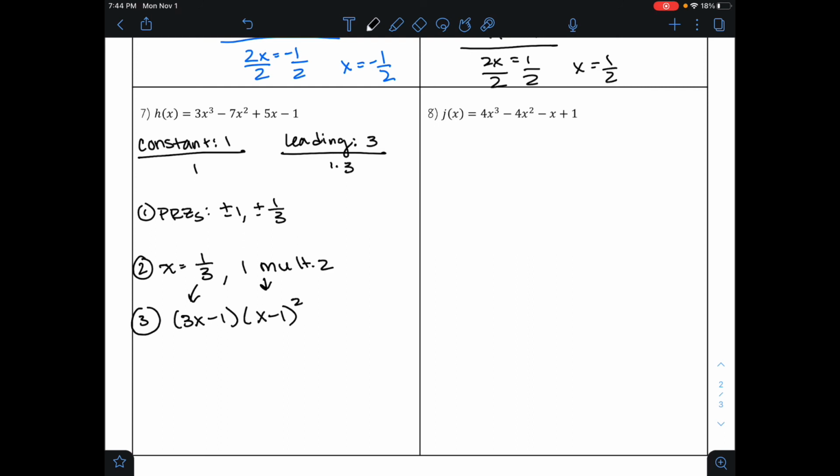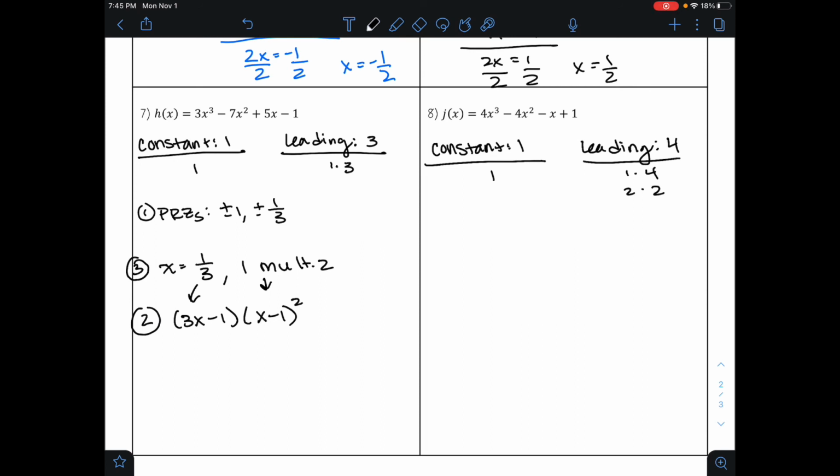And then let's look at this last one. Let me just fix this. This was the third thing they wanted, and this was the second thing they wanted. And then on example 8, we're going to begin by finding our possible rational zeros. Here my constant is 1, and my leading coefficient is 4. Factors of 1 are 1. Factors of 4 are 1 times 4 and 2 times 2.